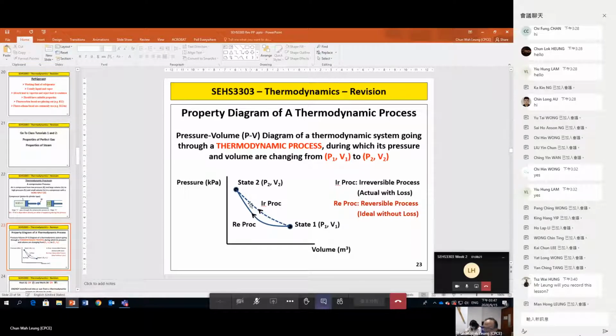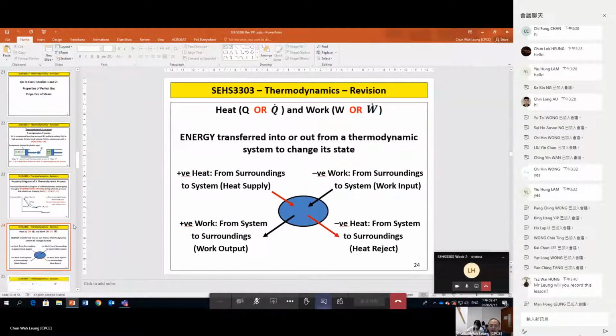In order to change the properties from state 1 to state 2, what we need is usually energy transfer. And energy transfer only comes in two kinds, either heat or work. So, let's talk a little bit more about heat and work.